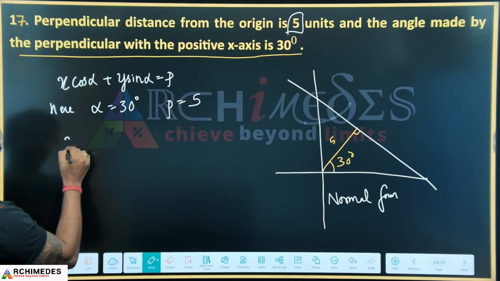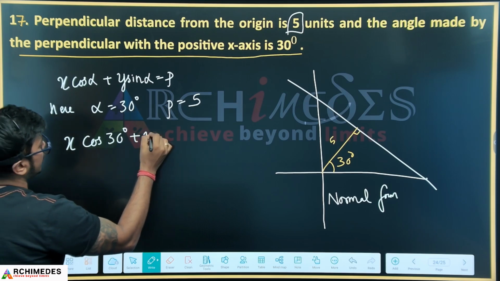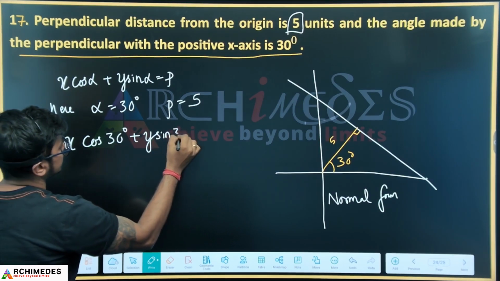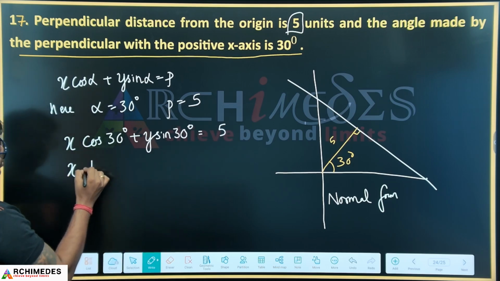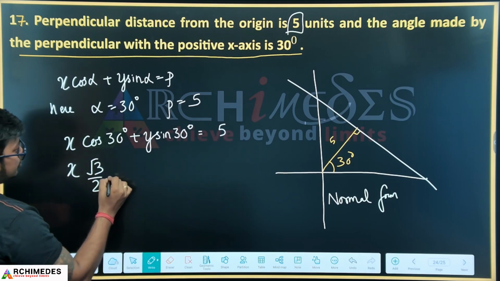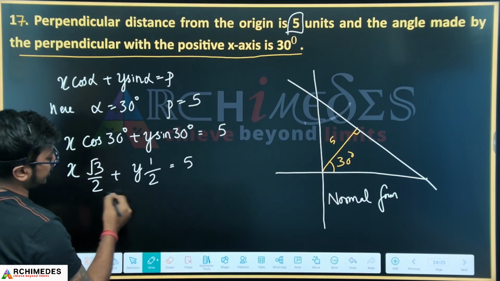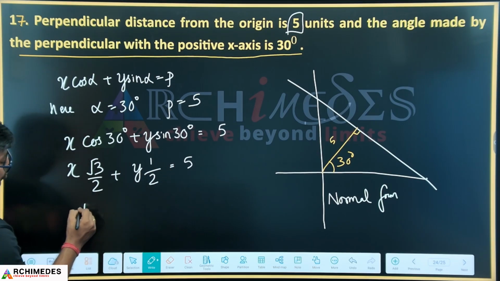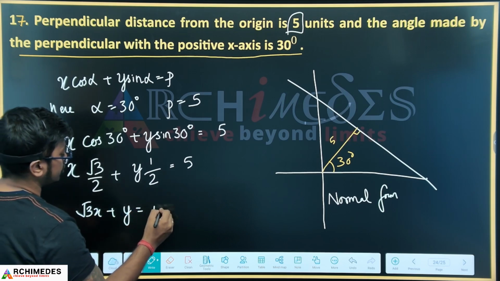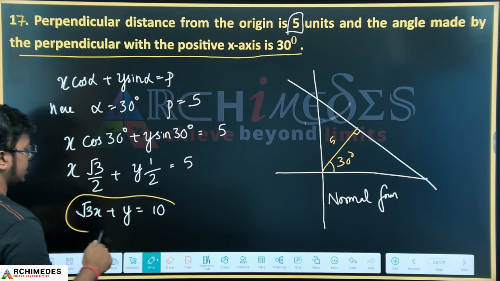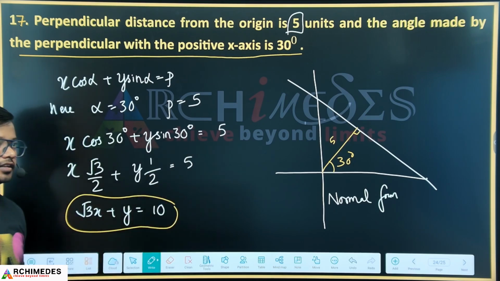So the formula is x cos 30 degrees plus y sin 30 degrees equals 5. Cos 30 degrees is √3 by 2, sin 30 degrees is half, equals 5. If we take the LCM, these are like fractions, so you get √3x + y = 2 into 5, which is 10. Am I clear? When you take LCM 2, the 2 will cross multiply. So this is your final answer.